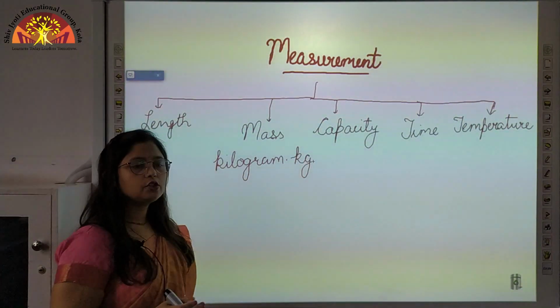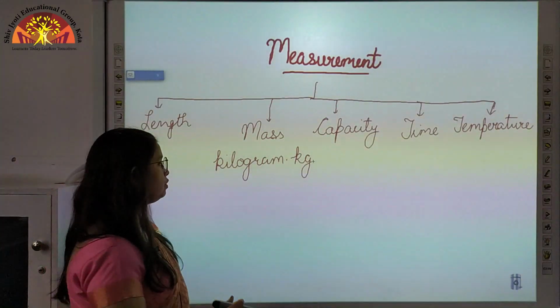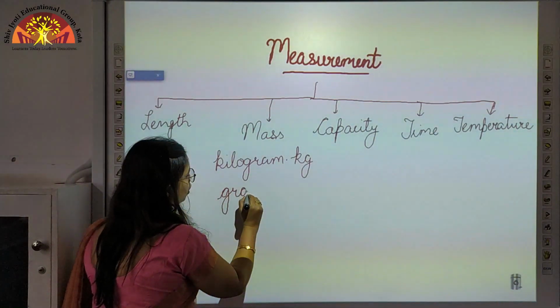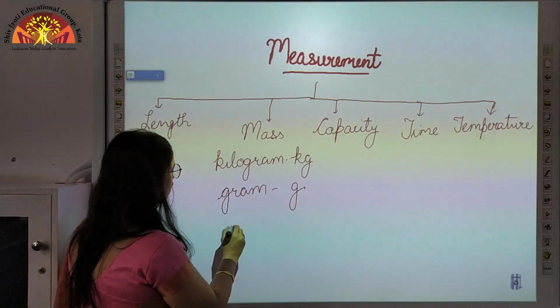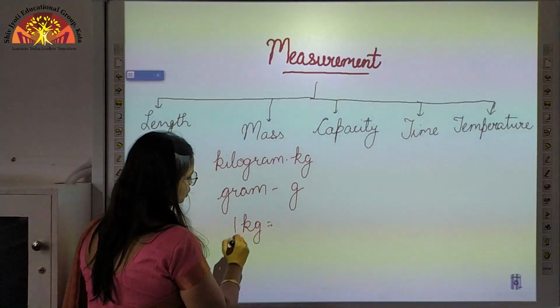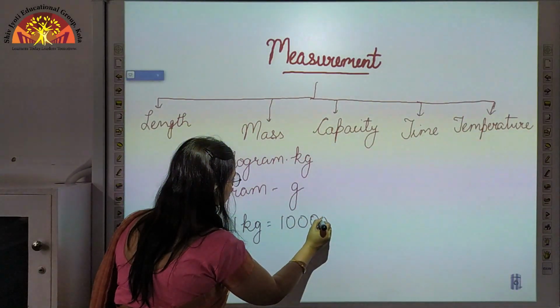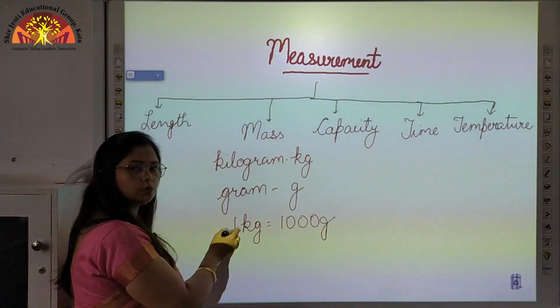Now, if we need to measure lighter objects, then we use another unit which is called gram, and it is written as a small g. Here 1 kilogram, that is 1 kg, is equal to 1000 grams. In this way we can interrelate both of these.